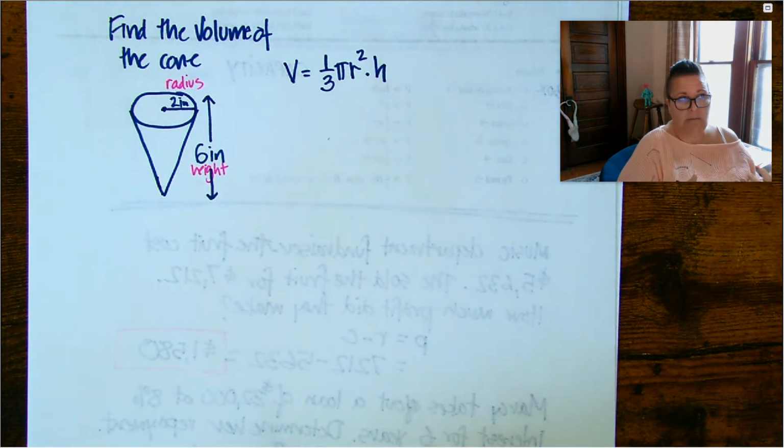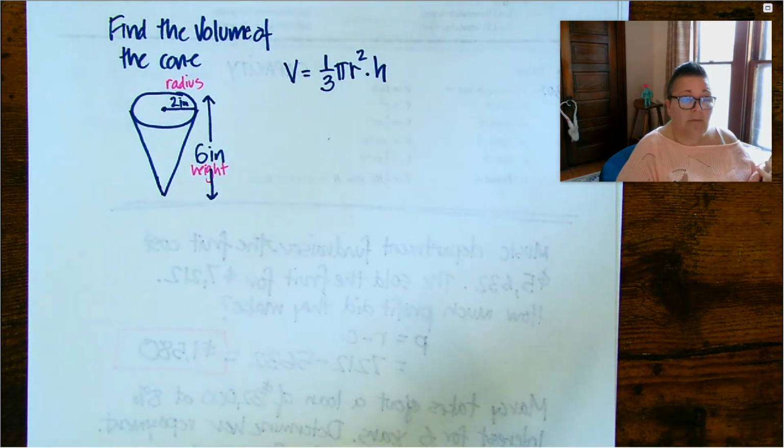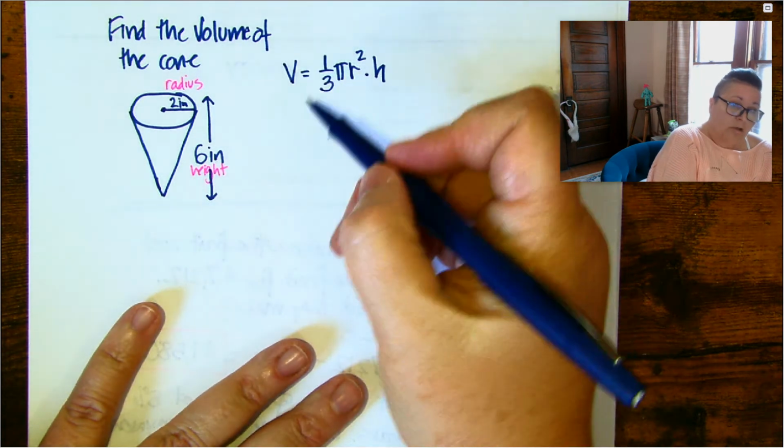It's defined by a circle. Pi is defined as circumference over diameter. This is not a geometry class, but that's the truth. Pi is defined as the circumference of a circle divided by its diameter. So anytime you see a circle, there is going to be a pi in the formulas that you use. Okay? All right.